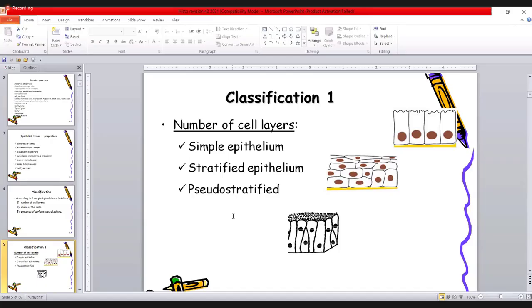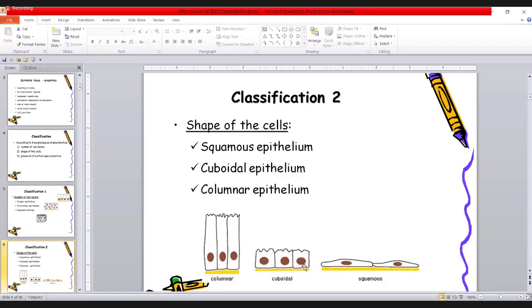So you quickly write one sentence saying or drawing what they are. And classification number 2 is depending on the shape of the cells. So could be squamous, cuboidal or columnar.